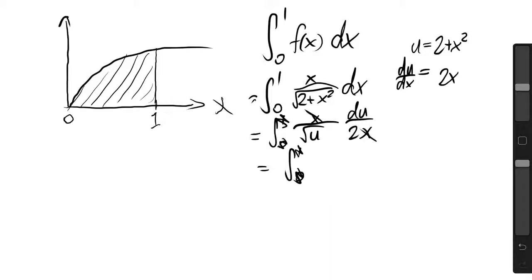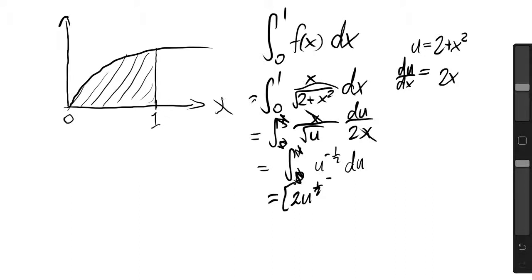Let's just not think about the limits for now, because we can get away with not changing the limits if we resubstitute the u by the end of our numerical calculations. So we have u to the minus a half du. That is a simple integration, which gives me u to the half times 2.